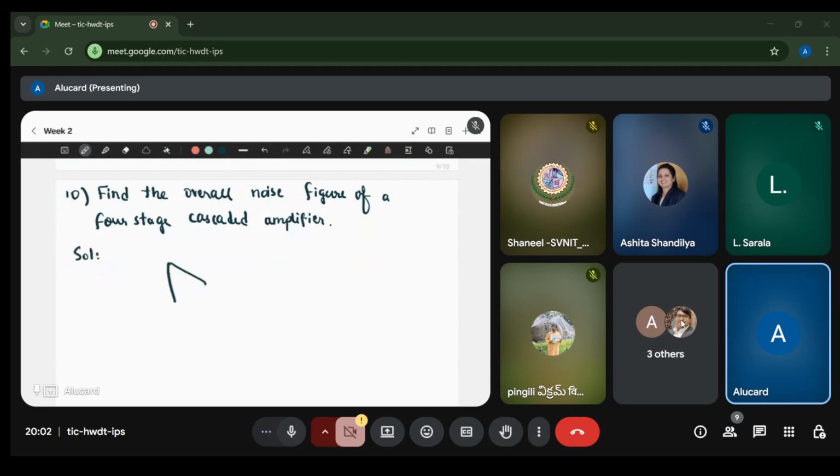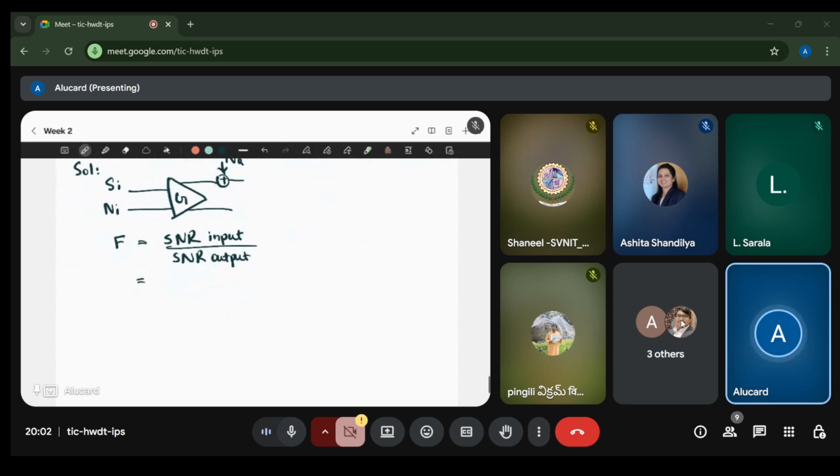So if you have an amplifier like this with signal power Si, noise input power Ni, gain G, and some ambient noise being added Na, the noise figure for this system F is SNR input divided by SNR output, which is Si over Ni divided by GSi, where GSi is the output power, over GNi plus Na.